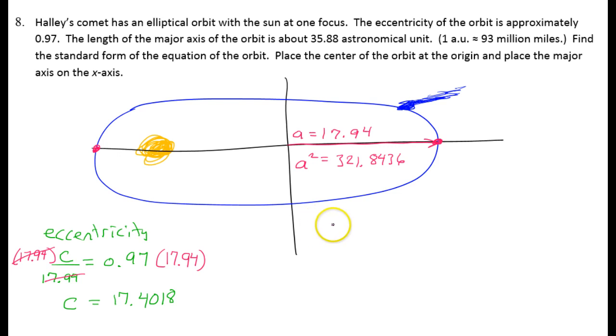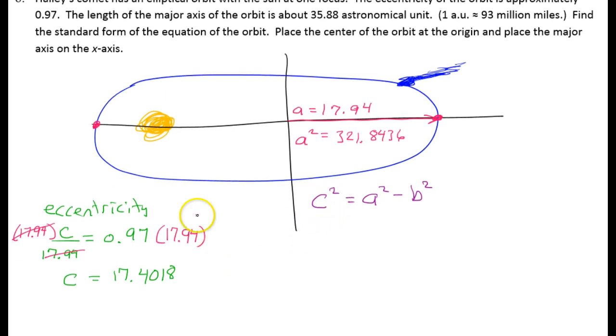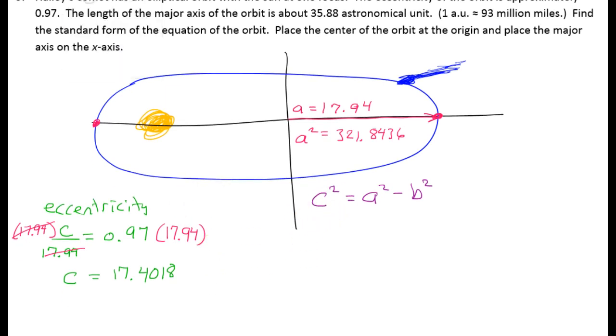So now it's time to use this relationship: C squared is equal to A squared minus B squared for an ellipse. So I'm going to need to square this number right here for my C squared. I probably should have just written that down.